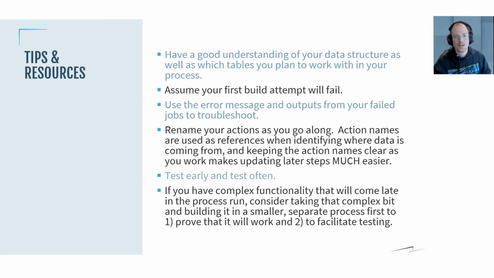Test early, test often. We talked about that again. And if you have complex functionality, we didn't cover this, but just pull it out. Build it as its own process, make sure it works as a proof of concept, and then bring that back into your main process and incorporate it there.